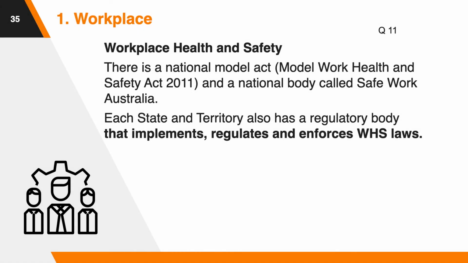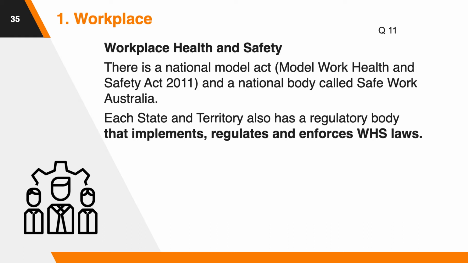And we have Workplace Health and Safety. There is a National Model Act and a national body called Safe Work Australia. Safe Work Australia is mostly a policy maker, but then each state and territory also has a regulatory body that implements, regulates and enforces workplace health and safety laws.